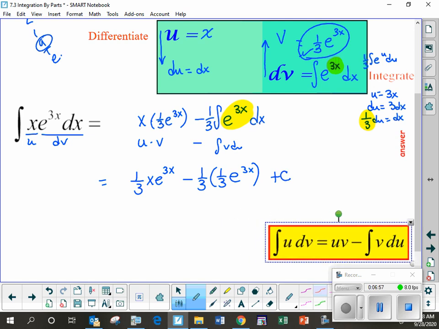And I no longer have any integrals, so this will turn out to be 1/3 x e to the 3x minus 1/9 e to the 3x plus c. Very recipe driven, the integration by parts. If you can select your u and your dv, it kind of drives itself from that point forward. And I guess you need to memorize the integral pattern for that.